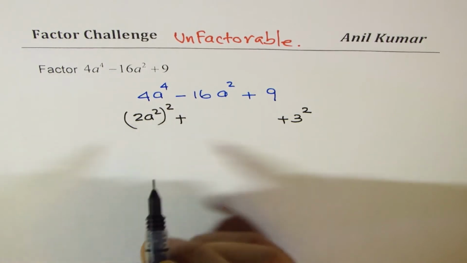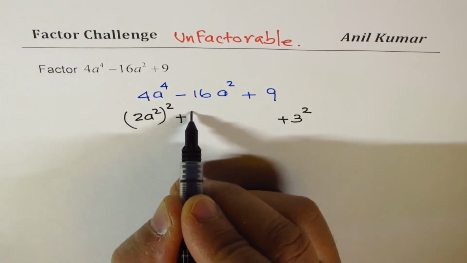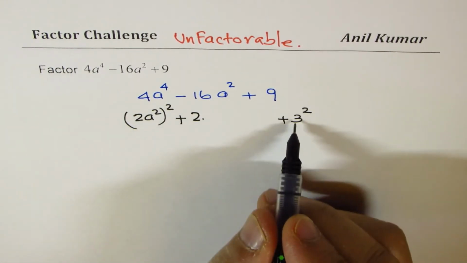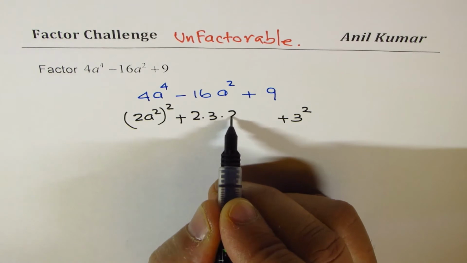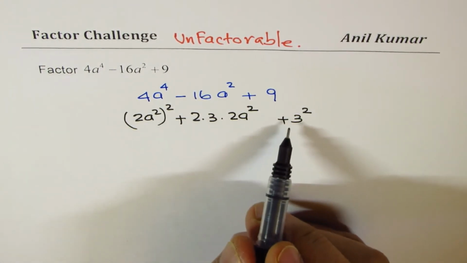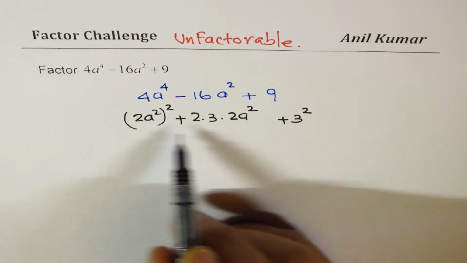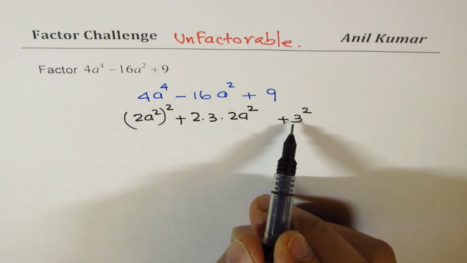Now in the center, if I had 2 times 3 times 2a square, then I could easily factor this portion as a plus b whole square.